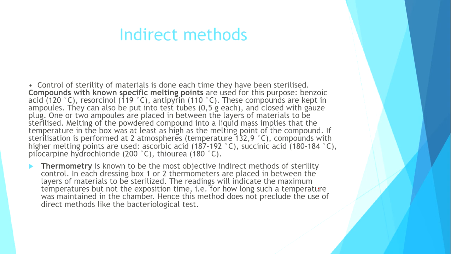In each dressing box, 1 or 2 thermometers are placed in between the layers of materials to be sterilized. The readings will indicate the maximum temperature but not the exposure time, that is, for how long such a temperature was maintained in the chamber. Hence, this method does not preclude the use of direct methods like the bacteriological tests.